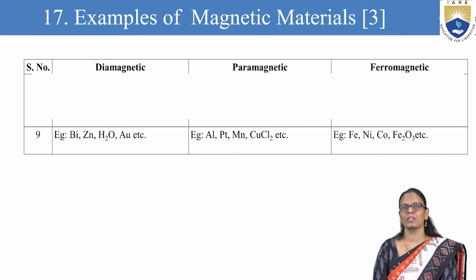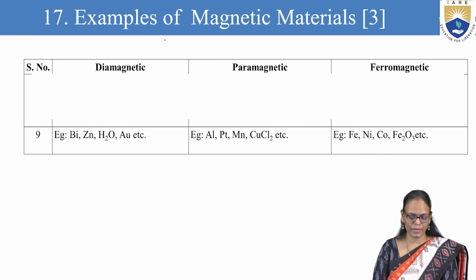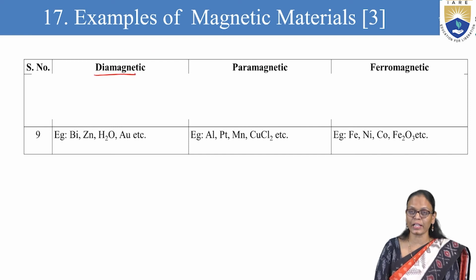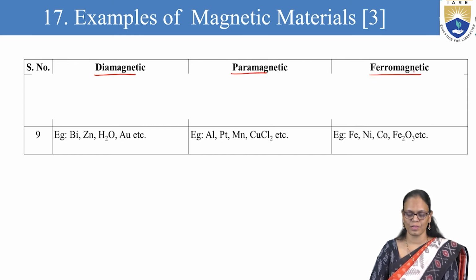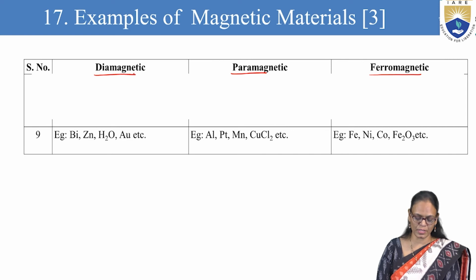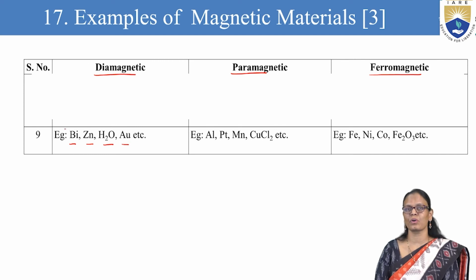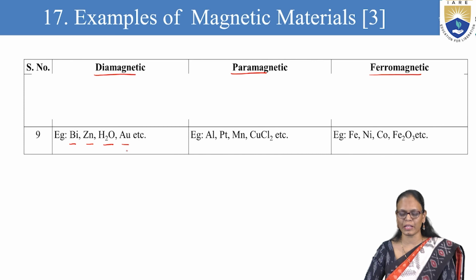Now coming to the next question, give some examples of diamagnetic, paramagnetic and ferromagnetic materials. So diamagnetic materials, the examples are bismuth, zinc, water, or gold. All these are examples for diamagnetic materials. There are many but few.